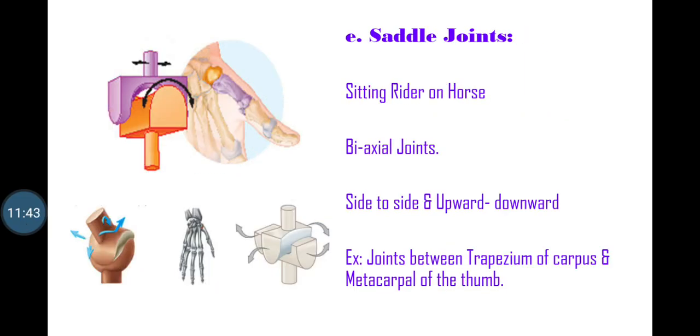Fifth, saddle joint. Saddle joint is like articulation of a rider sitting on a horse. It is a modified condyloid joint. Saddle joints are biaxial and allow movement side to side and upward and downward. Example: the joint between the trapezium of the carpus and metacarpus of the thumb.